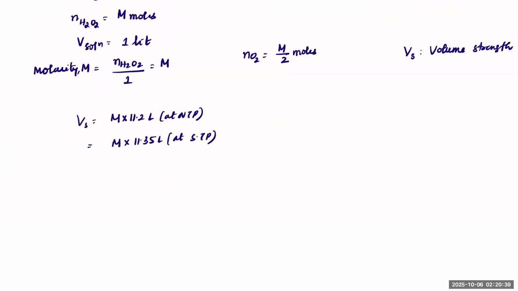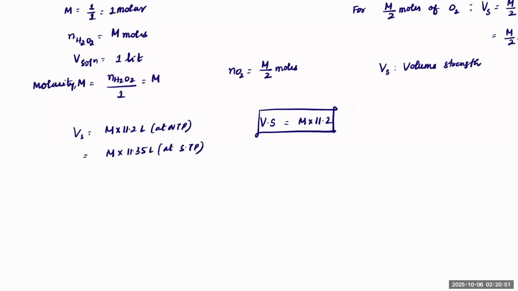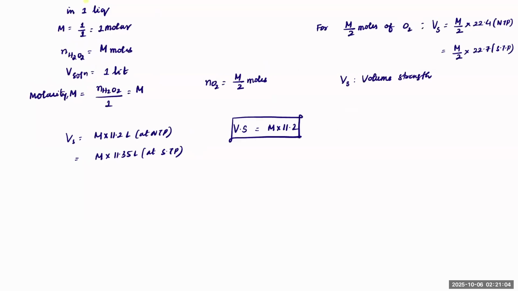So Vs, either you write it this way or small s, that is equal to M into 11.2 or 11.35 depending upon what you are using. Clear? This is the formula that is to be derived. So whatever be the given term is, sometimes molarity is given, calculate volume strength. Volume strength is given, calculate molarity.